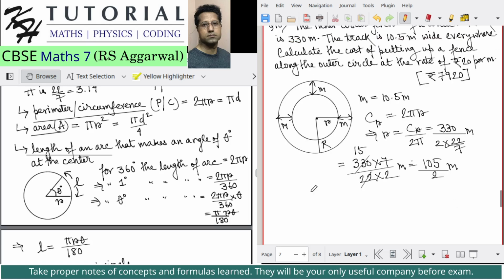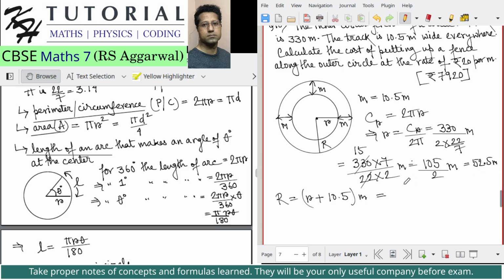So what will be the radius of the outer circle? Capital R is the radius of the outer circle. So capital R is nothing but small r plus 10.5 meter, which is equal to, now 105 by 2 is equal to 52.5 meter.